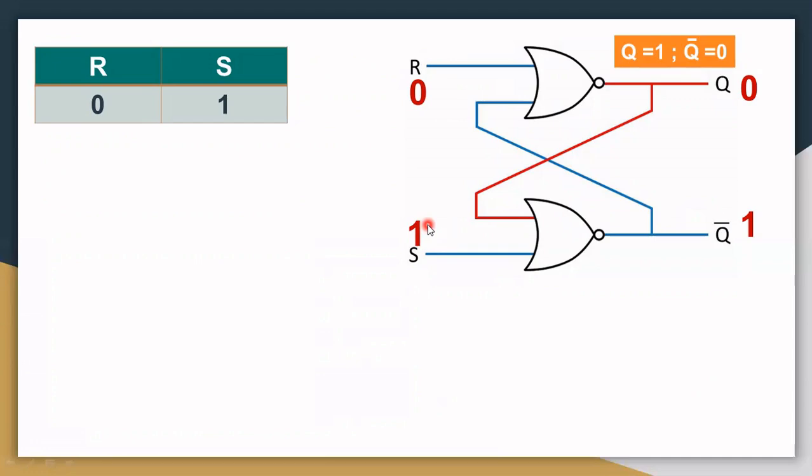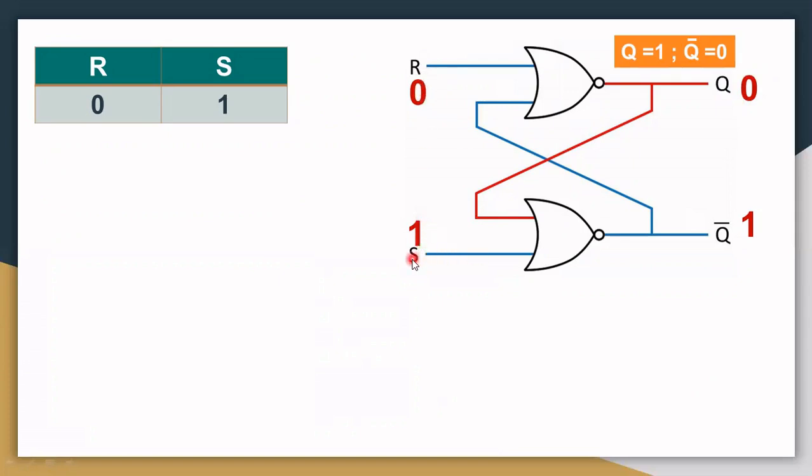So let me take a situation in which our output is 0. Whenever we talk about the storage of flip-flop, we consider Q. Whatever output is occupied in Q, that will be stored in this flip-flop. So let me consider a state in which Q is equal to 0 and I am giving R is equal to 0 and S is equal to 1.